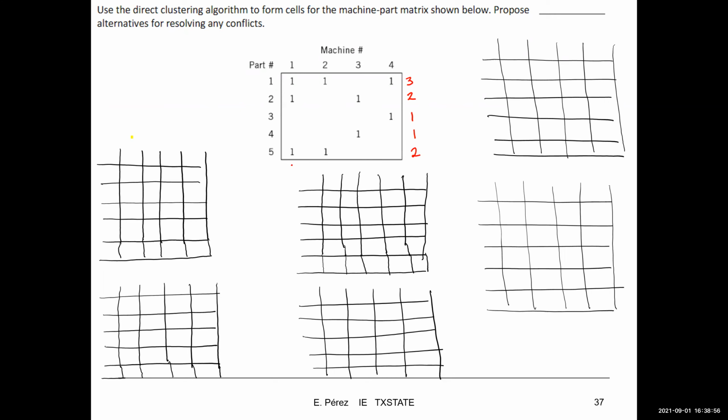And we have 3, 2, 2, and 2. Okay, so we know the totals at this point. And the first step has, in addition to computing the totals, we have to do the sorting for rows and columns. So we're going to start with ordering the rows top to bottom in descending order.